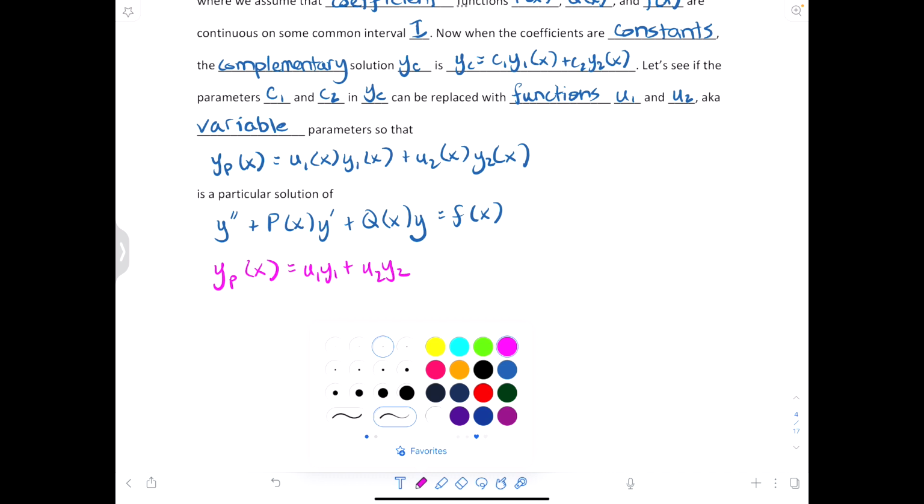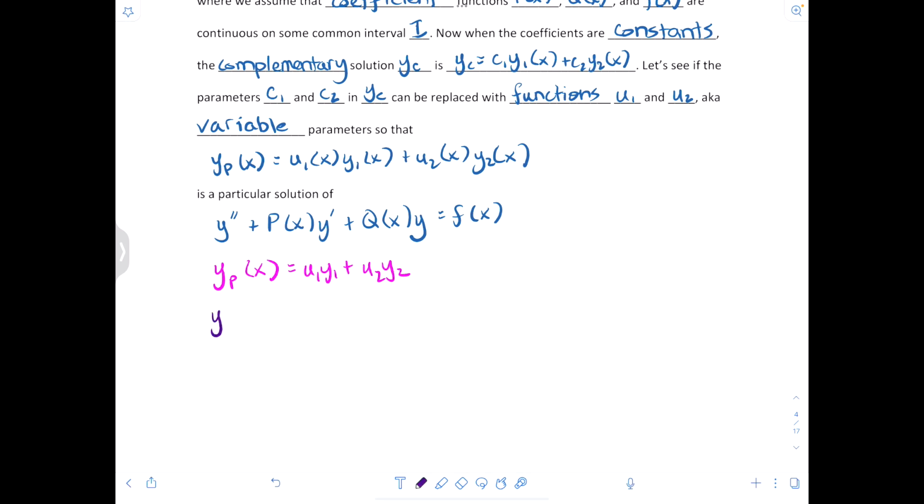Now the first derivative, yp prime(x), and I'll go a little bit fast here, will be u1 prime y1 plus u1 y1 prime, that's for the first term, and then plus u2 prime y2 plus u2 y2 prime, that's for the second term.